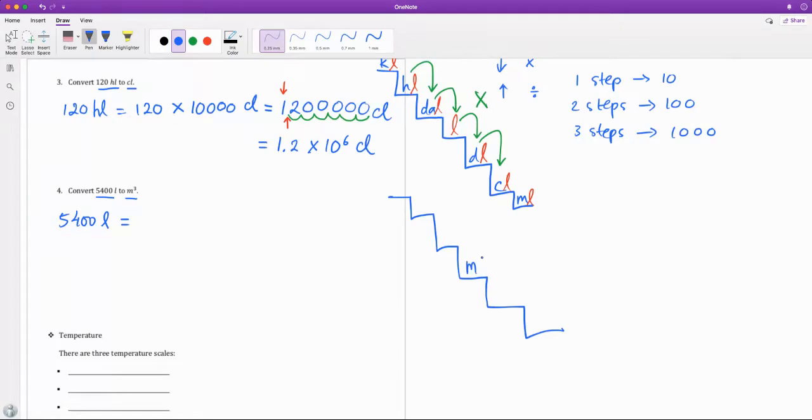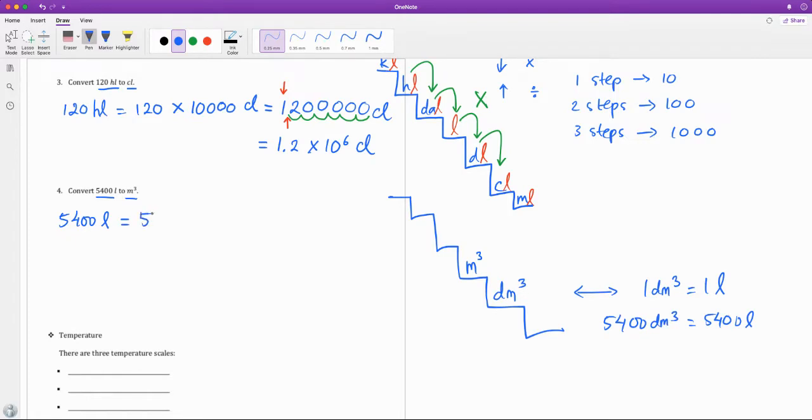Let's say here meter cubic, decimeter cubic. Remember, 1 decimeter cubic equals 1 liter. Therefore, 5,400 liter equals 5,400 decimeter cubic.